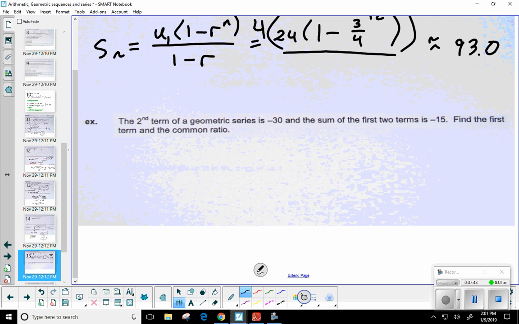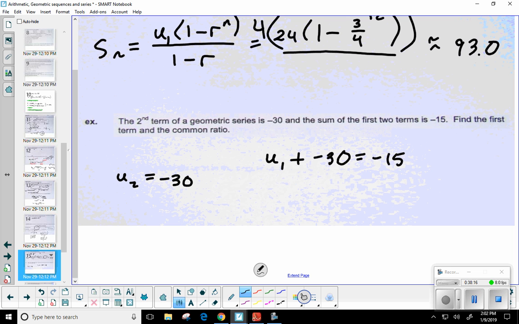Okay. Well, what do we know so far? We know the second term is -30, right? So u sub 2 equals -30. All right. And then it says the sum of the first 2 terms is -15. So I'm not even going to need to use a summation formula that we just had to help me out here. Whatever the first term is plus the second, the sum of the first 2 terms has got to give me -15.